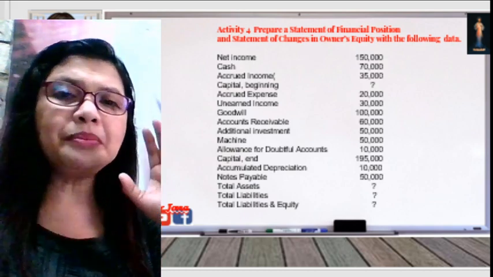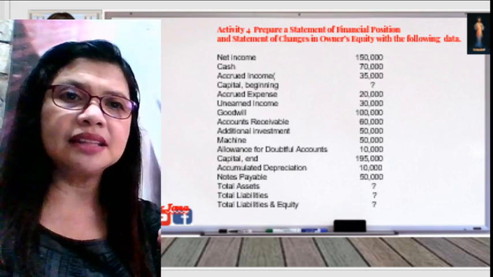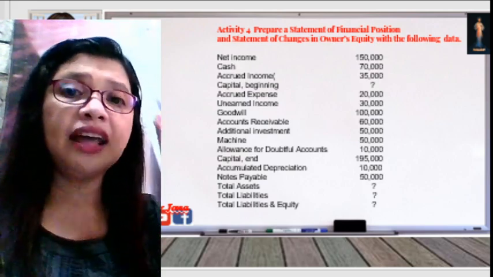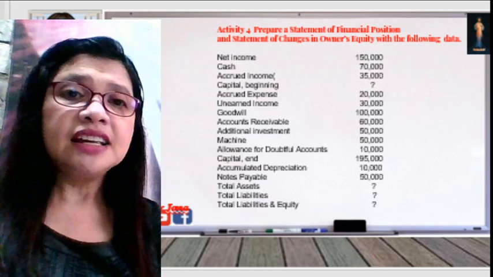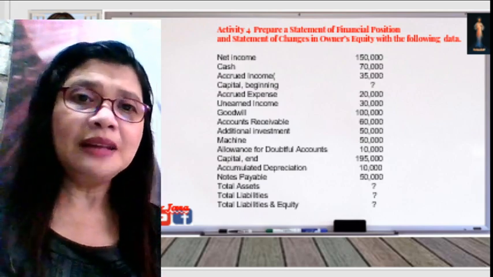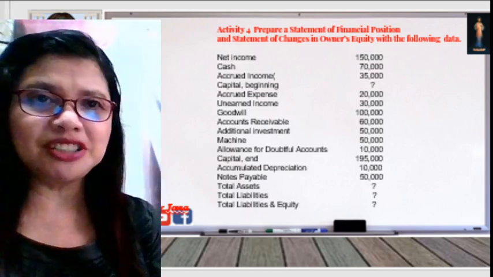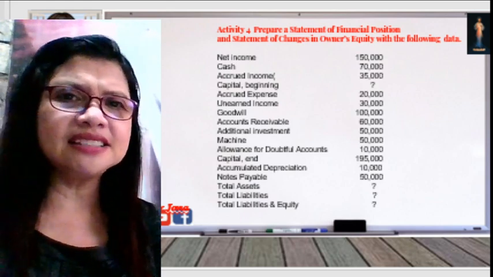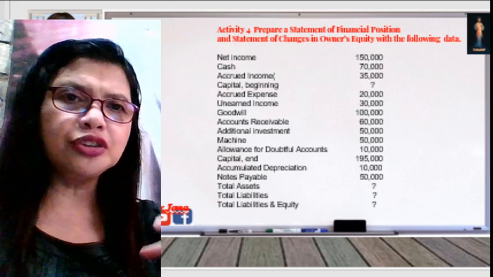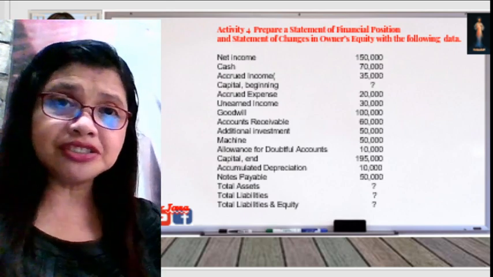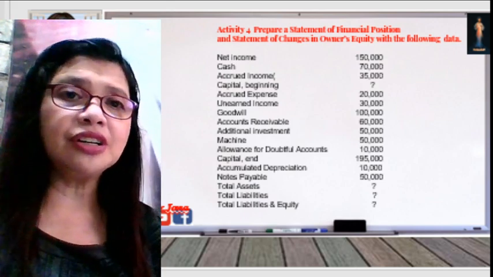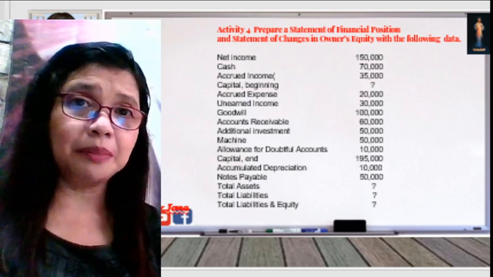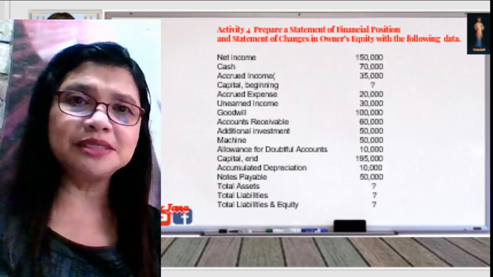So we will be preparing the income statement. No, not the income statement. The statement of financial position and the statement of changes in the owner's equity based on the following information given. I think you can get it. It's easy. You will just need to use your various lessons in the basic accounting equation, how to prepare the balance sheet, and the income statement.